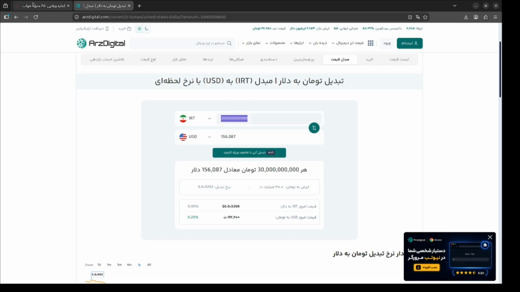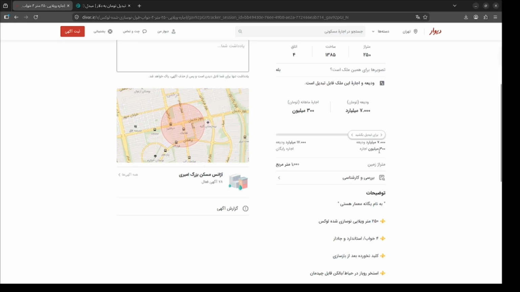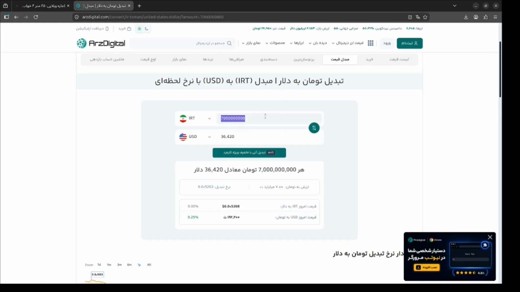7 billion tomans. 7 billion tomans equals to $36,400, and you have to pay something like 30 million tomans for monthly rent, equals to $1,560.